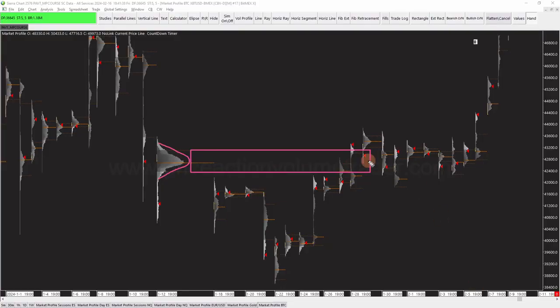And you can see how as soon as we came up into this previous consolidation area, price started trading sideways again. So if I extend this valley area that we formed, you can see how the market spent a lot of days again consolidating here before we had our breakout.